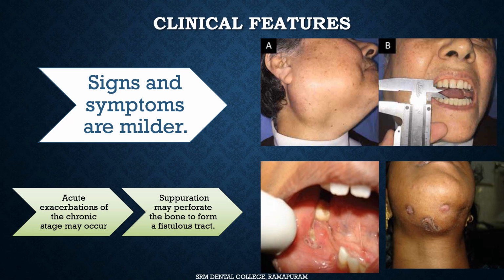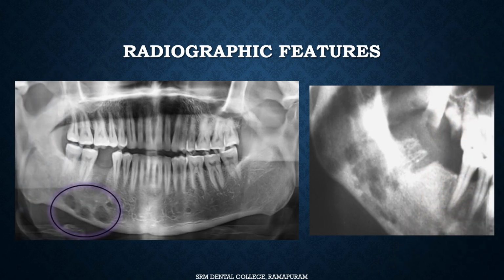Acute exacerbations of the chronic stage may occur, and this suppuration may often perforate the bone, resulting in the formation of fissurous tracts. Coming to the radiographic features, chronic suppurative osteomyelitis develops over a period of 4 weeks, and hence diffuse areas of radiolucencies may be noted on X-rays.